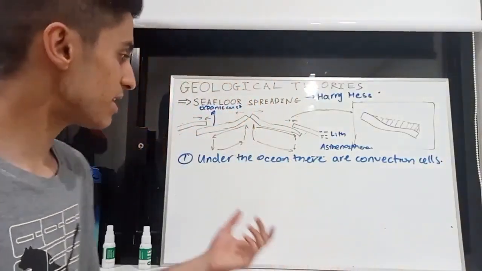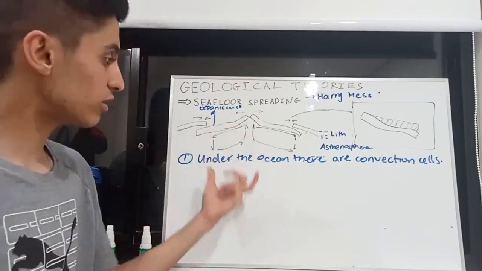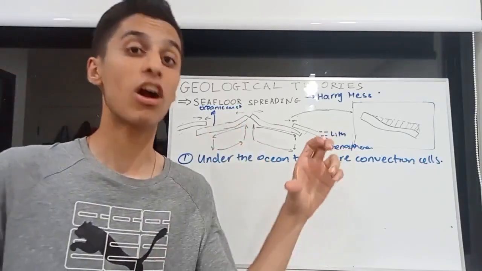A cell is basically just a singular convection current, so just one movement, and these two combined would be convection currents.